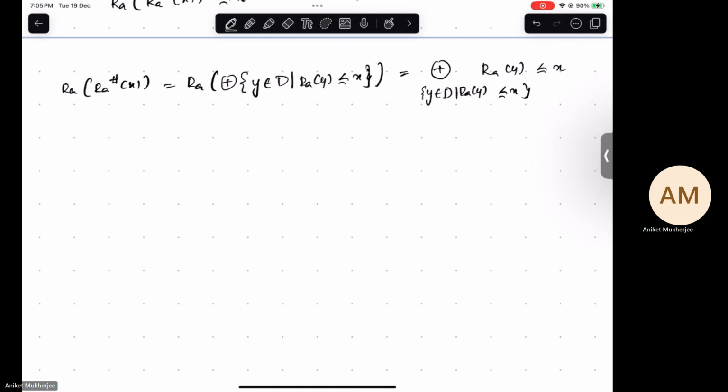Similarly, R_A hash of R_A x is the sum of y belonging to D such that R_A y is less than or equal to R_A x. Now the x becomes R_A x, which is why this is greater than or equal to x.